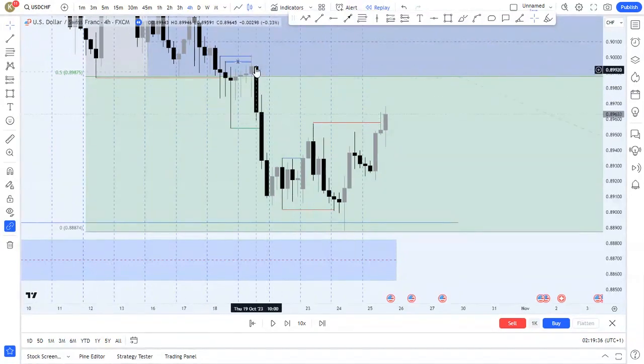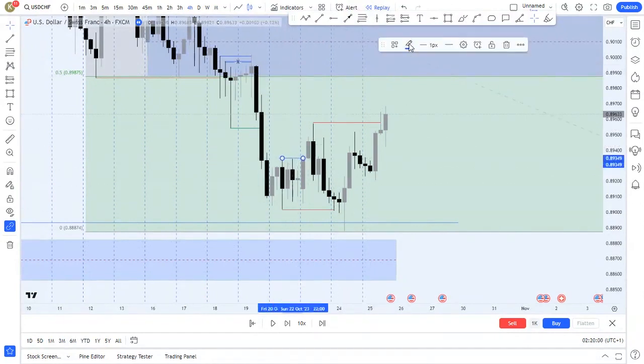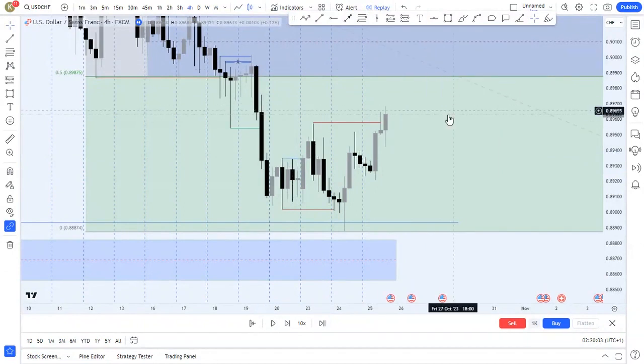Because from the look of things, this high led to this break to make this low, and this low tends to be an internal low, and then the low went up, created this high that broke it again. So therefore, this high is internal. That's how it works, because this high broke this high.